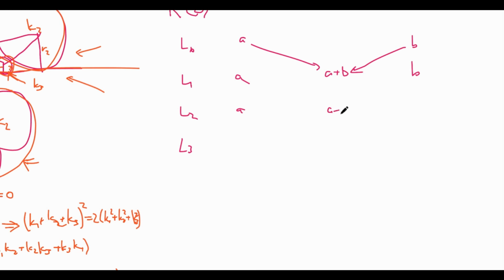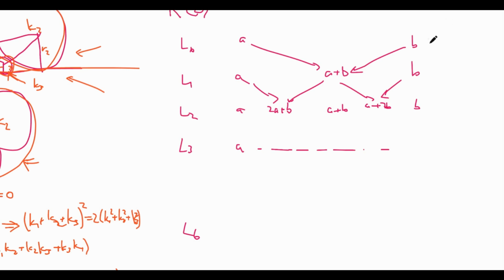We bring down A plus B, and fill in the gaps with 2A plus B and A plus 2B. So these are summed as follows. And we continue in this fashion. So now the question is, what is the row of this table when we are looking at L6?